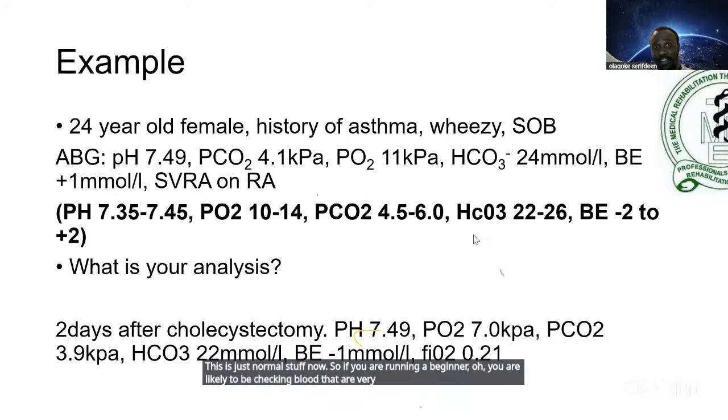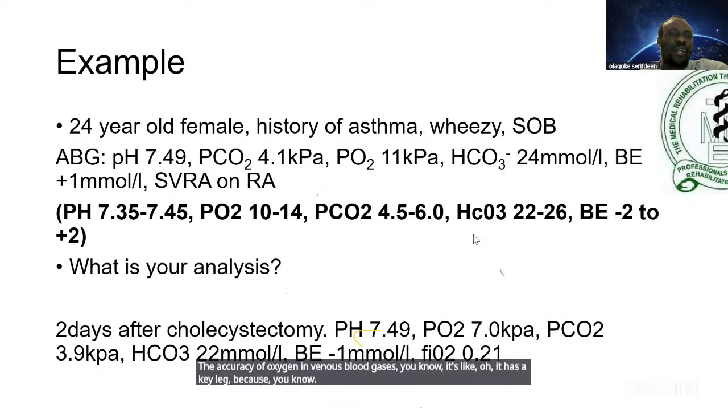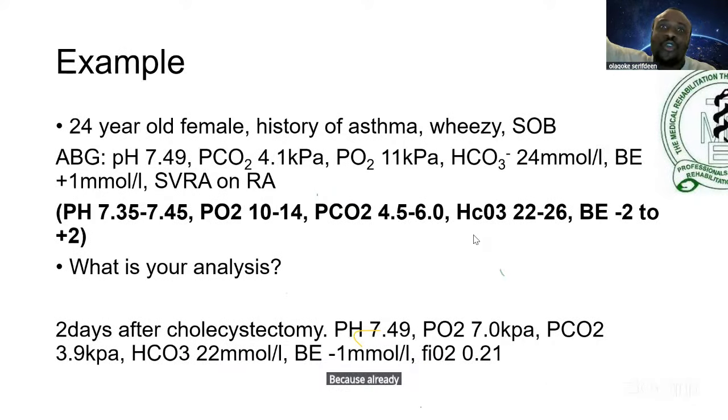If you are running venous blood gas, the accuracy of oxygen in venous blood gas is limited, because generally venous blood is very deficient in oxygen. Why? Because your cells have already used that oxygen.